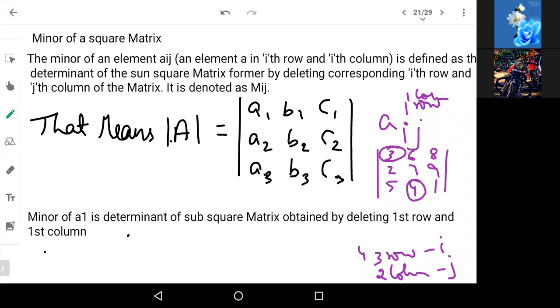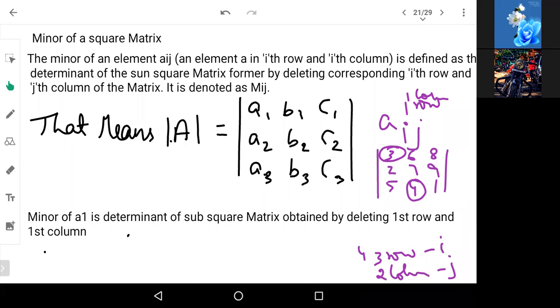So, when I am finding the values for a minor, the placement of each of the element is very, very important. So, minor of an element Aij is defined as the determinant of some square submatrix formed by deleting the corresponding ith row and jth column.